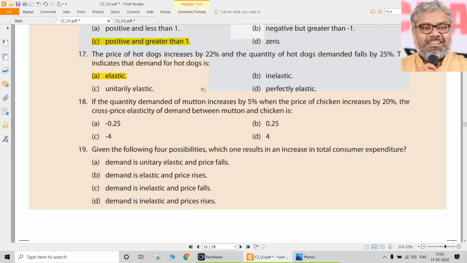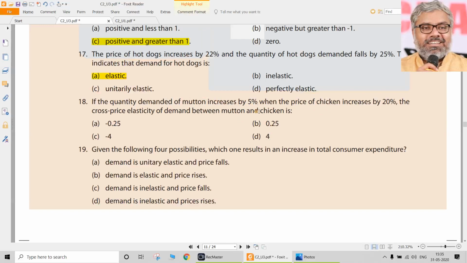So two commodities are given here, let us say C and M. The quantity demanded of M increased by 5% when the price of chicken increased by 20%. What is the cross price elasticity of demand between these two commodities, M and C? Two different things happened: quantity demanded increased by 5% and price of chicken increased by 20%.